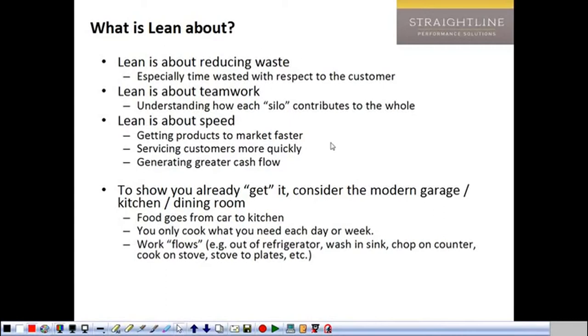It can't just be improvement teams. And when I say it's about teamwork, what I mean is that it's about understanding your organization horizontally and not just vertically. The third thing is it's about speed. Most Lean practitioners' first metrics of choice are around cycle time and reducing cycle time.